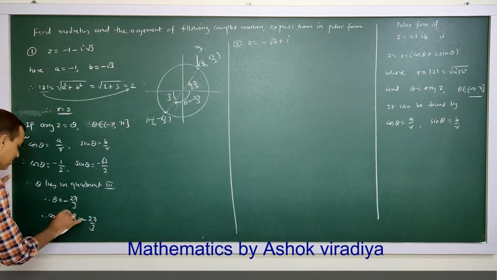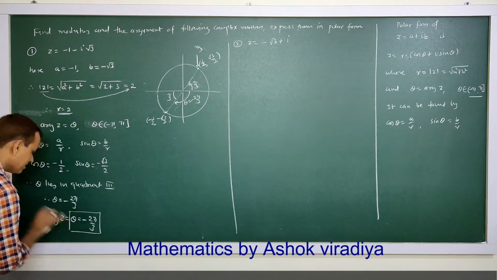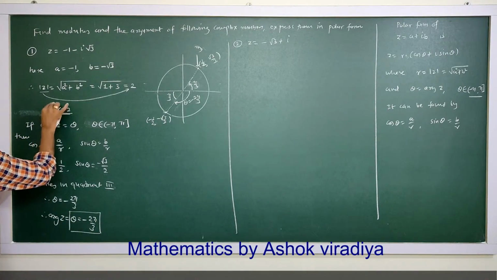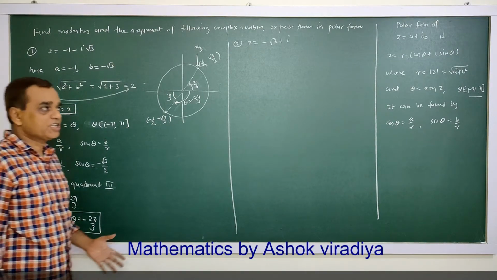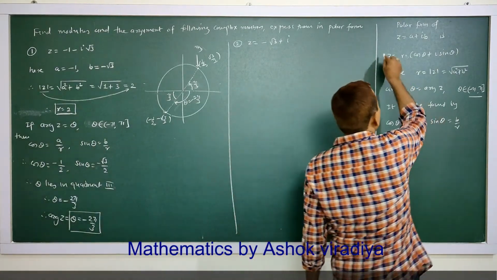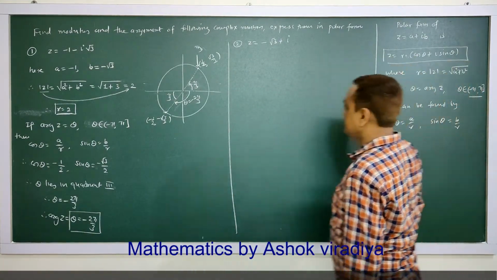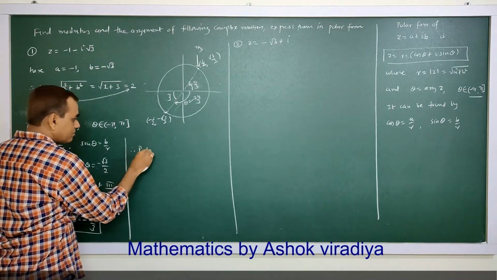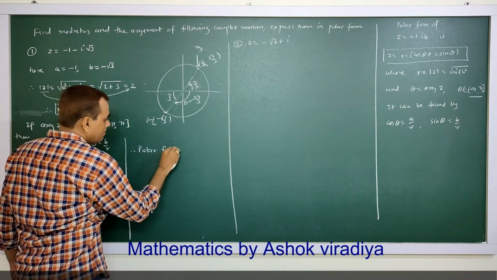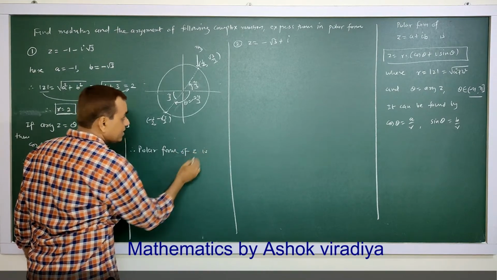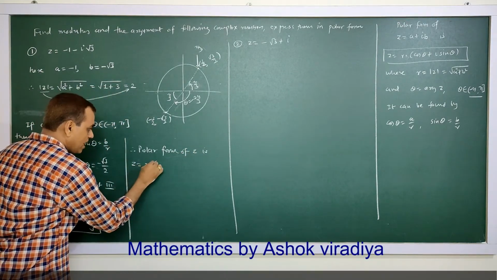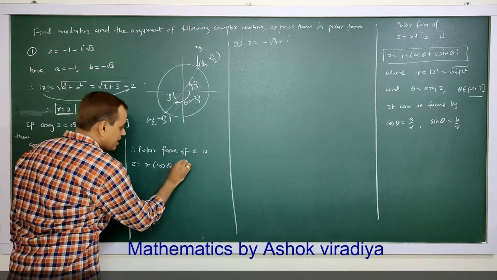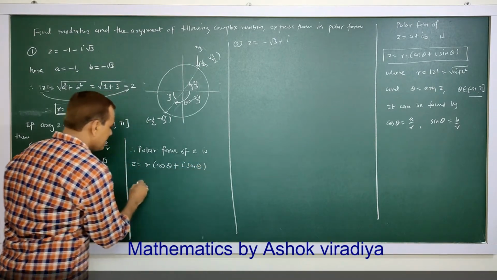After getting theta and the value of r, now we substitute these values in the polar form. So the polar form of z is z equal to r into cos theta plus i sin theta.